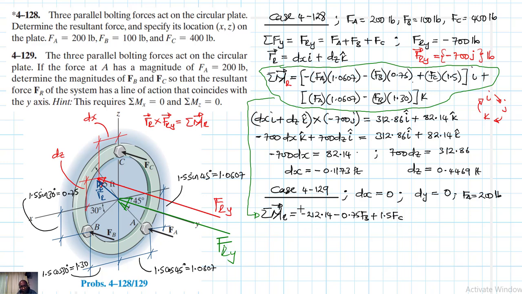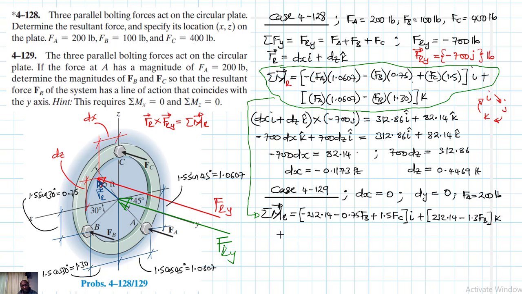So this will be our i. And then in the second case, we have a plus. FA again is known, and it's going to be equal to 212.14 minus 1.3 FB.